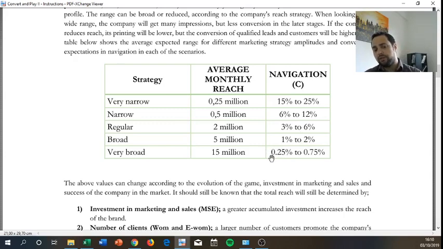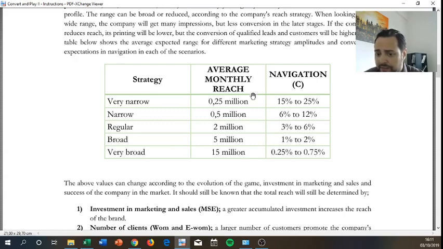So this is the first point. You can try to be very precise and have a huge conversion, or you may try to reach a lot of customers and have a small percentage of them looking at your websites or blogs to understand what you're really selling to them. Indeed, you don't know the exact percentage of conversion here.